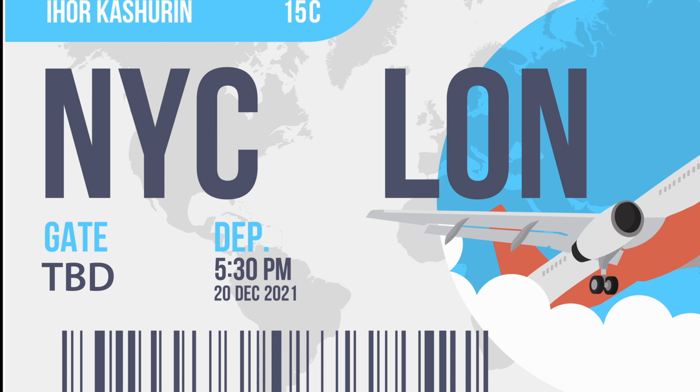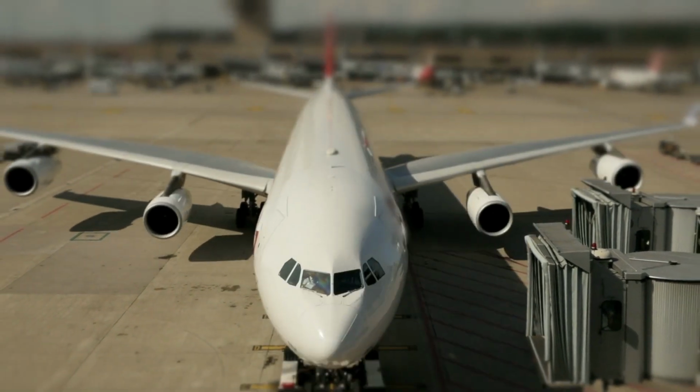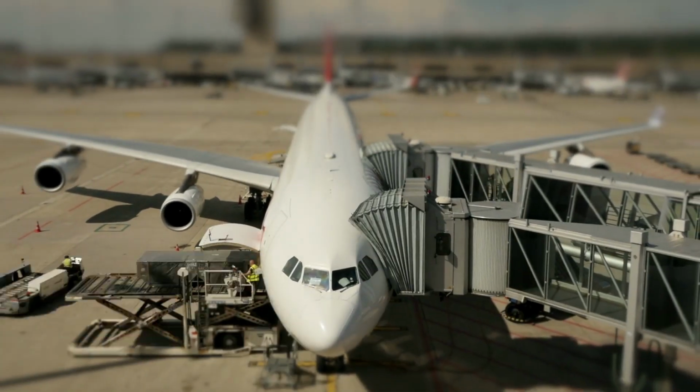Well, actually, TBD stands for to be determined. In other words, when your ticket was printed, your flight had not yet been assigned to a particular gate. And so they couldn't put it on your boarding pass because they didn't know where your flight would park.